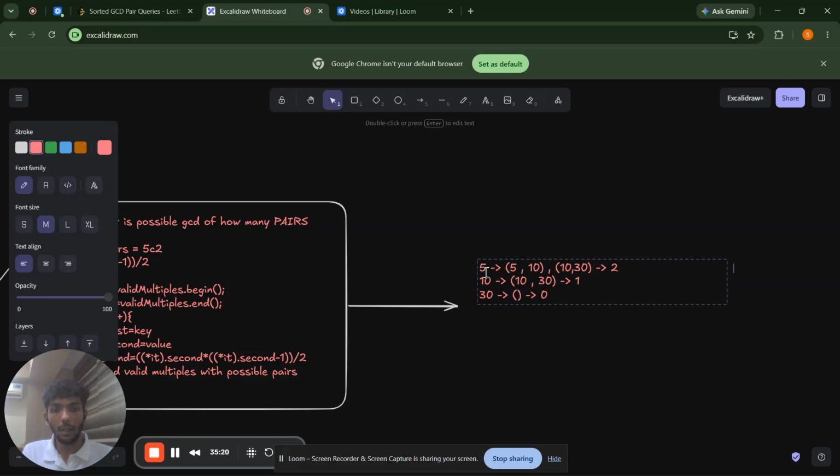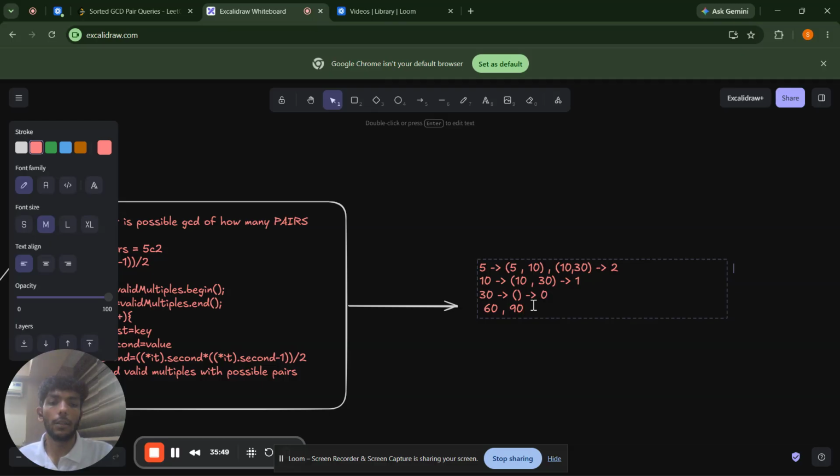So what we will do, for 30, we will check: 30 is a possible GCD of how many? Currently it is 0. And we check if there is any multiple of it, like 30, 60 or 90, which could take its place.